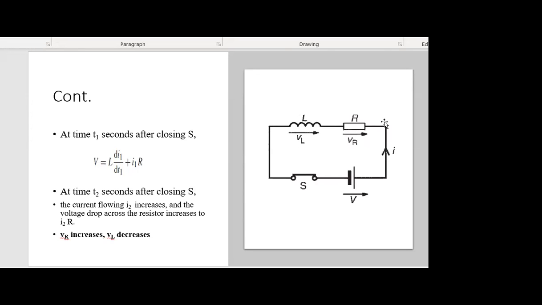So when I increases, it will increase the voltage drop across the resistor. So for equation 2, we shall have V equals L di2 over dt2 plus I2R.